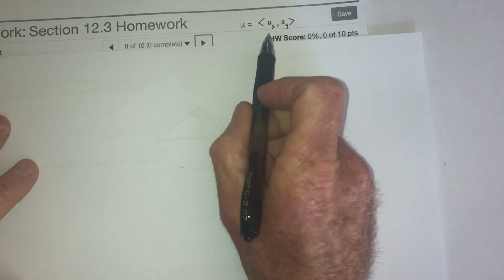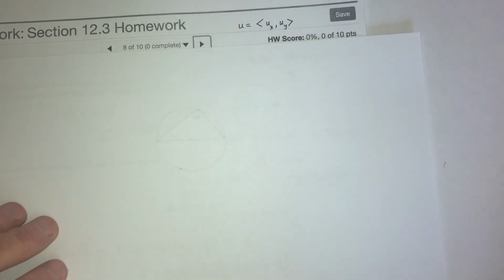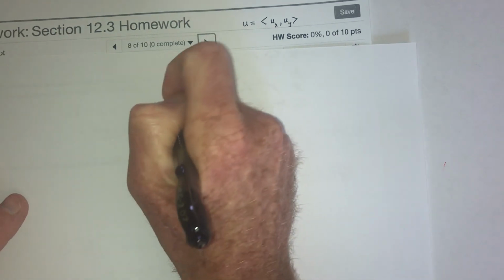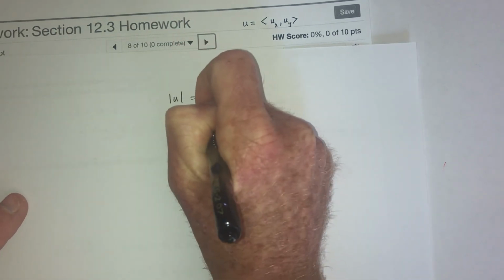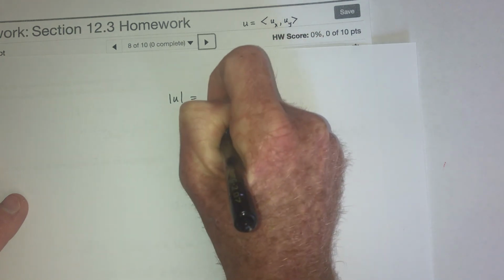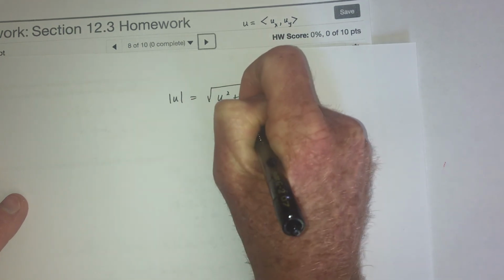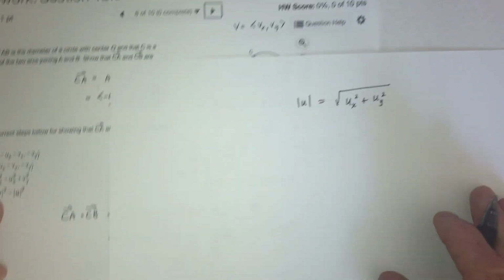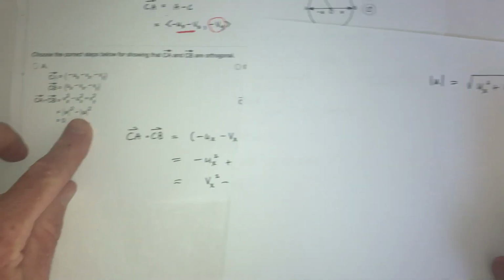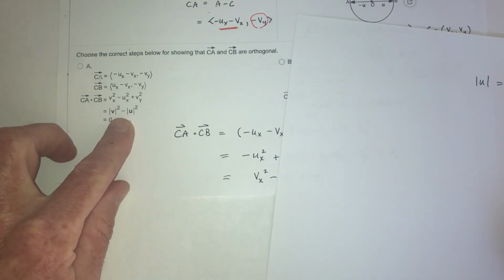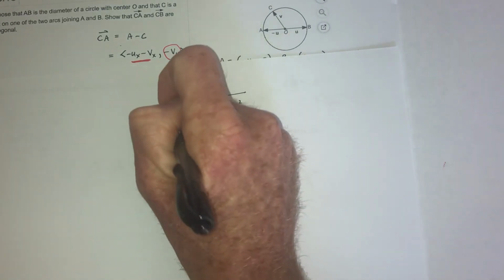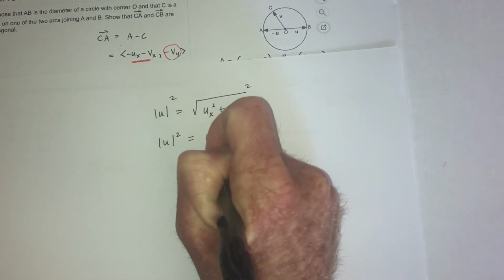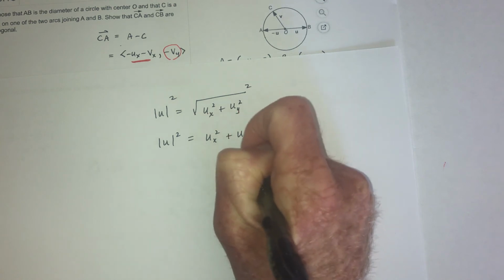So let's see, from right here. Let me get a clean paper. So the length of u would be the square root of ux squared plus uy squared. And then they said right here you're going to square those. So if you square both sides, the length of u squared equals ux squared plus uy squared.